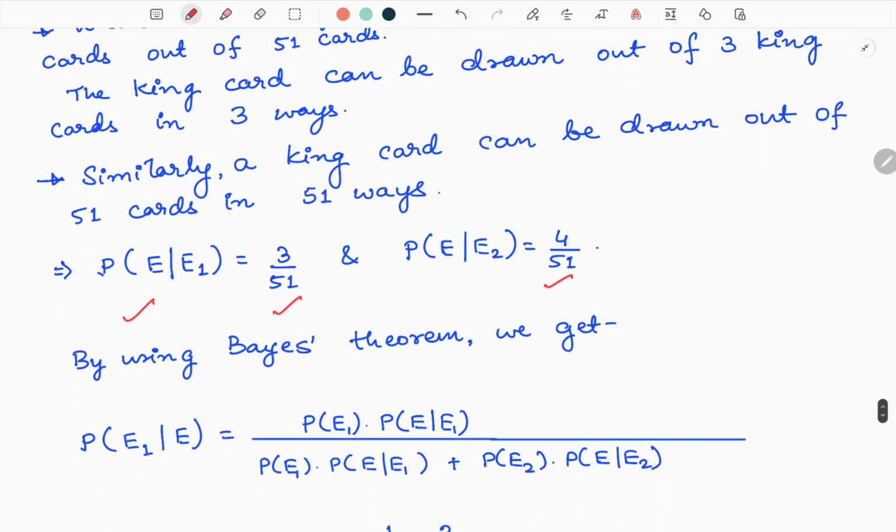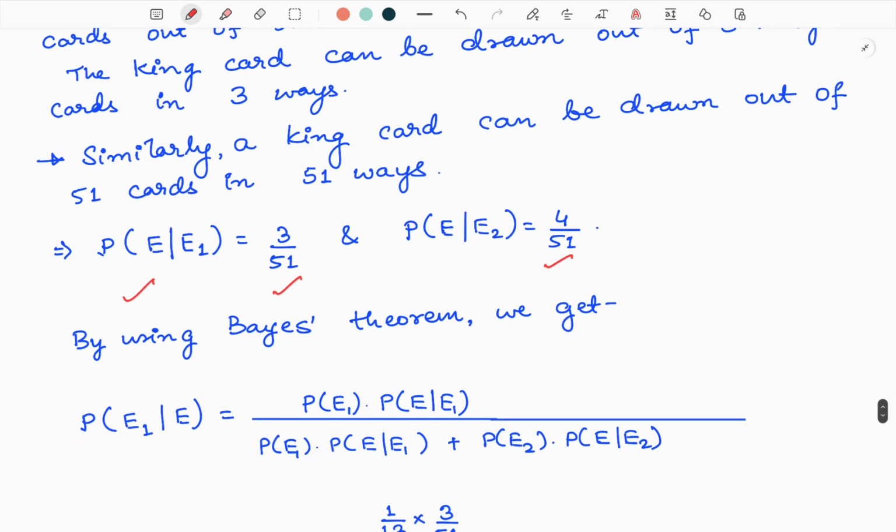Now how to apply Bayes theorem for this question? We are asked to find the probability that a king card was lost given that a king card is drawn. That means the probability of E1 given E. So you should be able to write the LHS part correctly.